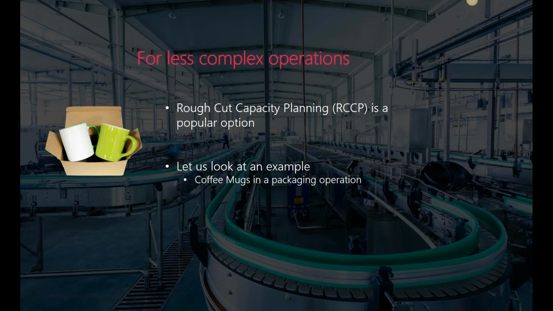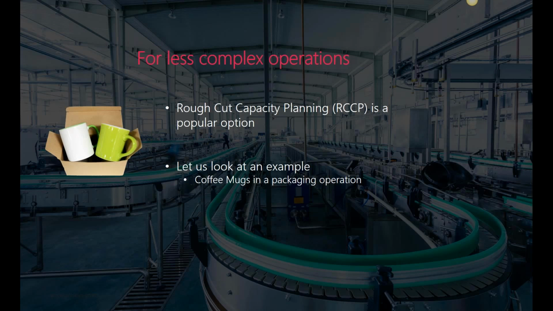So we'll look at an example. Let's imagine that coffee mugs are being produced and then they are being packaged. And we would like to manage the inventory of these coffee mugs as well as the capacity on the packaging operation. Now, rough cut capacity planning is typically done in Microsoft Excel. As planners, maybe you have made spreadsheets that represent this rough cut plan.